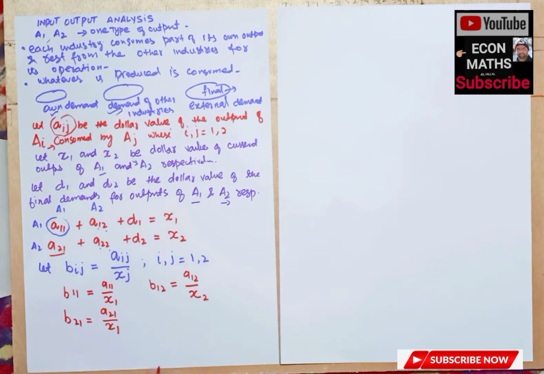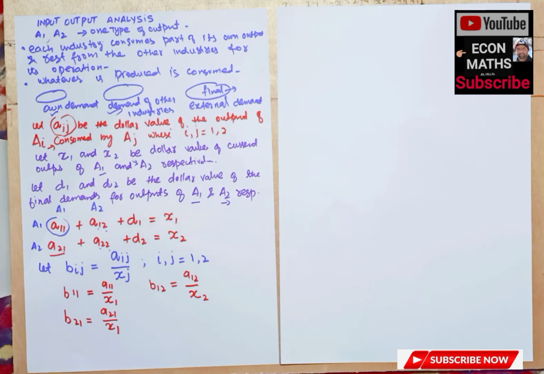This B21 expresses the dollar value of input from industry A2 required to produce $1 worth of output of industry A1, which is equal to A21 divided by X1.